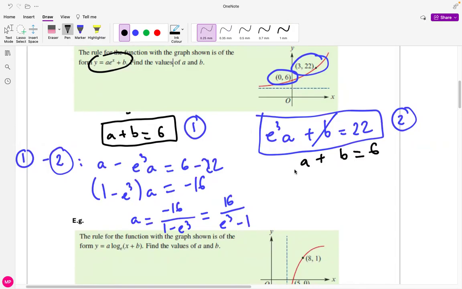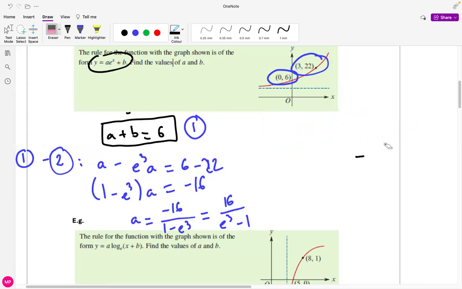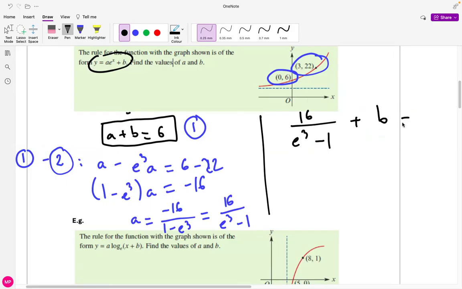A is what I just found, 16 over e^3 minus 1. That's A plus B, which gives me equals 6. I solve for B, so I bring the whole fraction over here. So I will have B equals 6 minus 16 over e^3 minus 1.